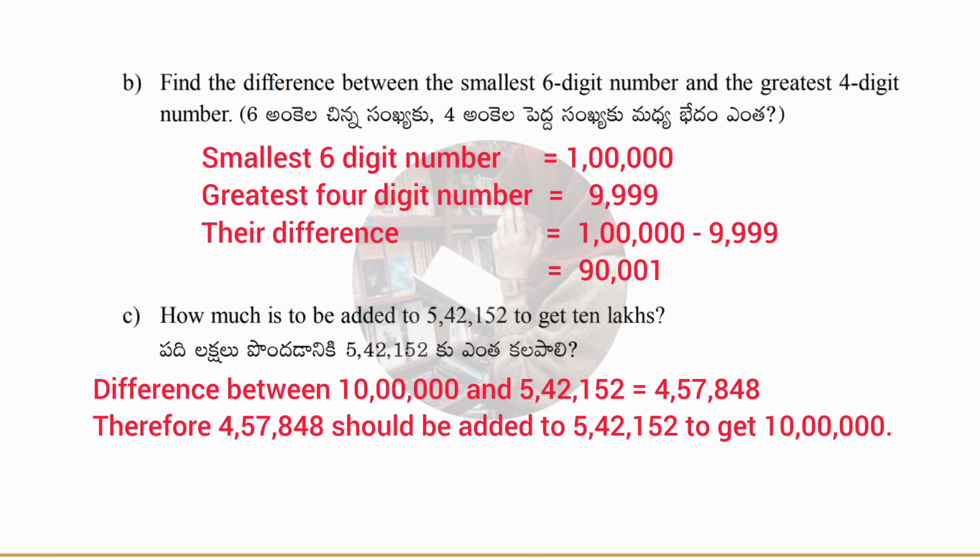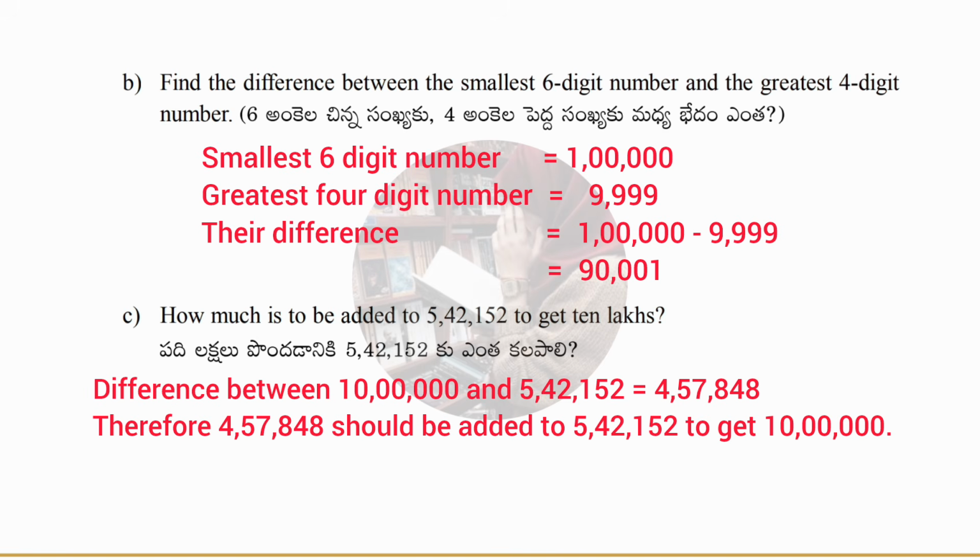The difference between 10 lakh and 5,42,152 is equal to 4,57,848. So therefore 4,57,848 should be added to 5,42,152 to get 10 lakh.